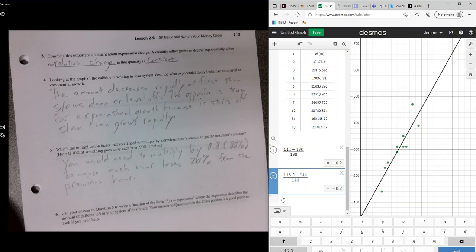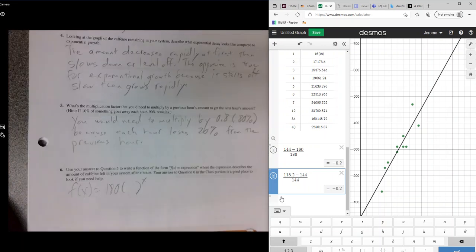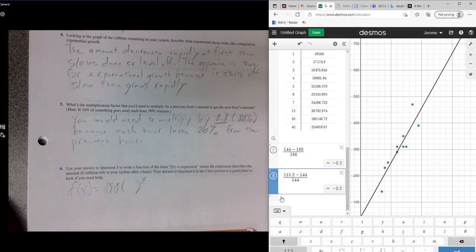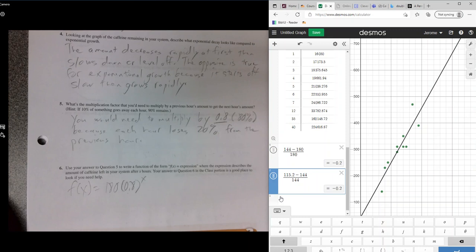Now, the only thing that we have to worry about is what will go inside this parenthesis. Remember how we said that each hour will be multiplied by 0.8 or 80%? So that is what goes into this parenthesis. Anytime you have anything inside this parenthesis that's less than 1, then that lets you know that you're doing exponential decay. Anything less than 1 is exponential decay.